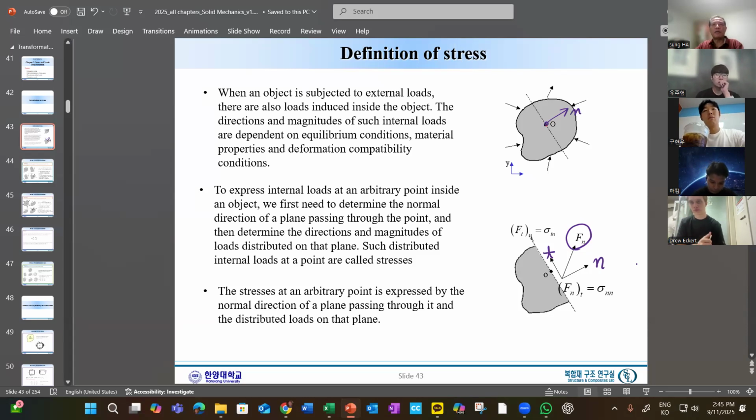The way we cut is that this n is the normal, representing this surface, and this n is always a normal. So again, the surface is represented by the normal vector.